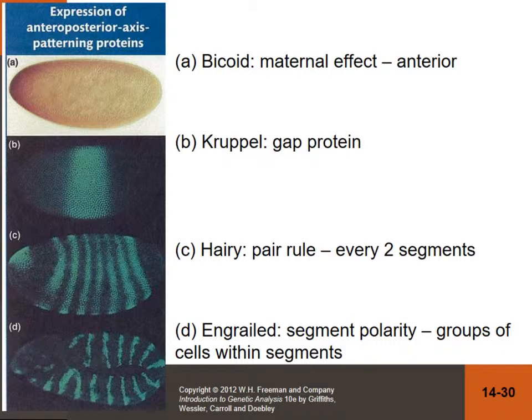And then in D, we have a segment polarity protein called engrailed. And engrailed is expressed in groups of cells within each segment. So they showed from this that the protein expression in the embryo correlates with the phenotype that they saw in the mutant.